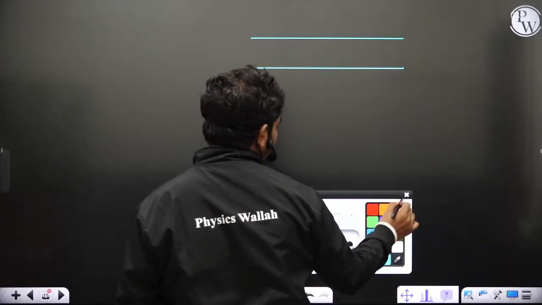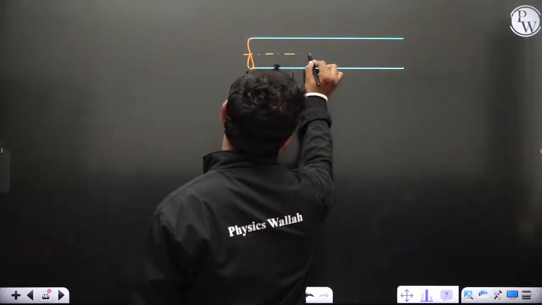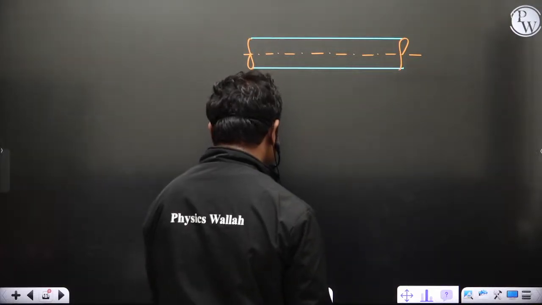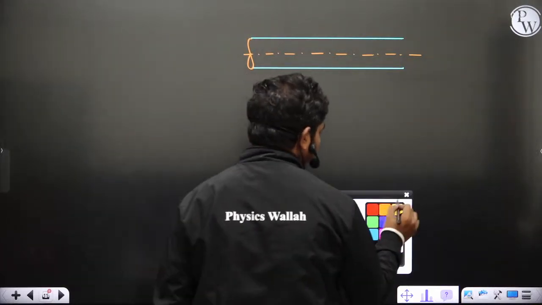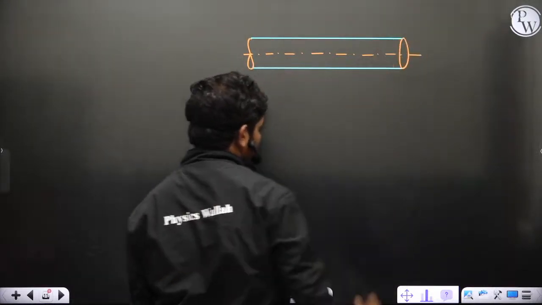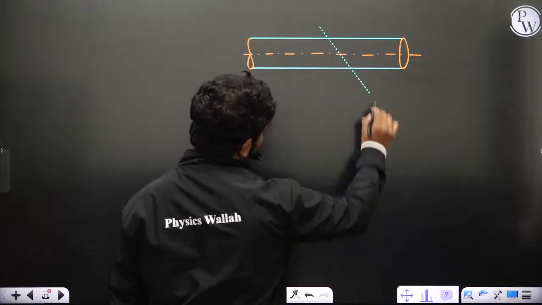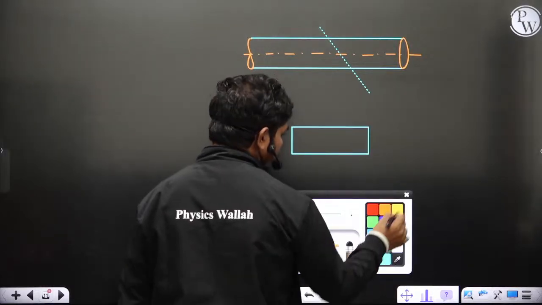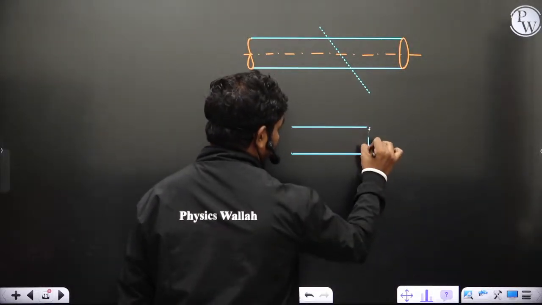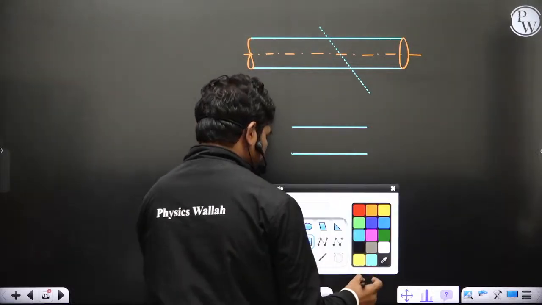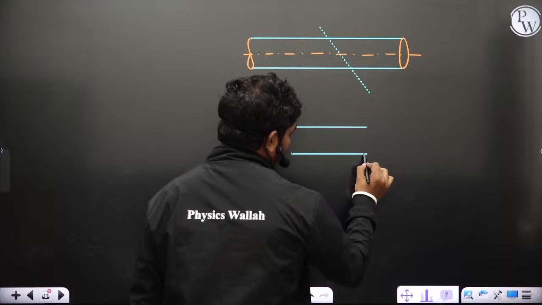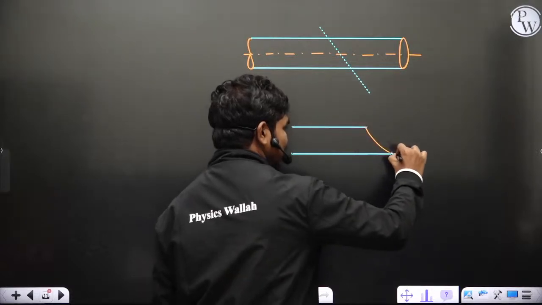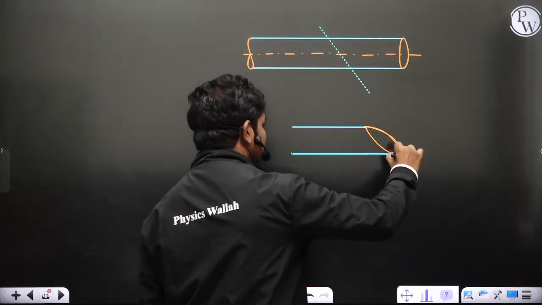Then if you cut a cross section here, like this, then the cut section whatever you have will be like this. Yes or no? So this will be the cut section.